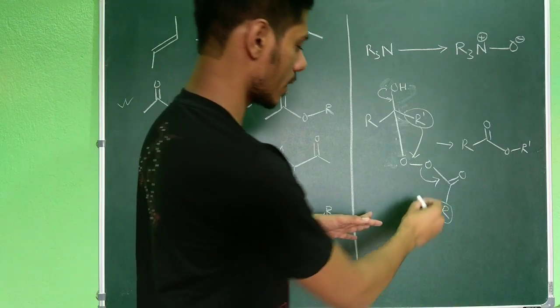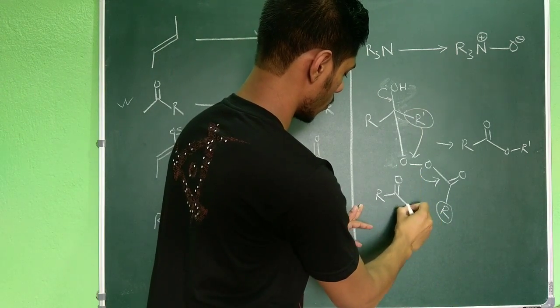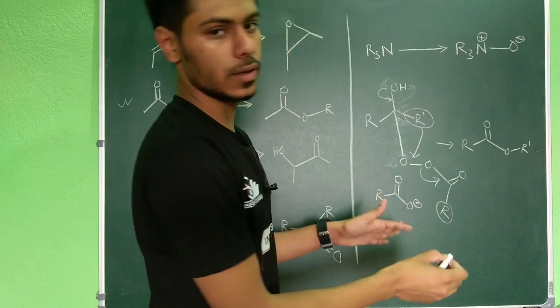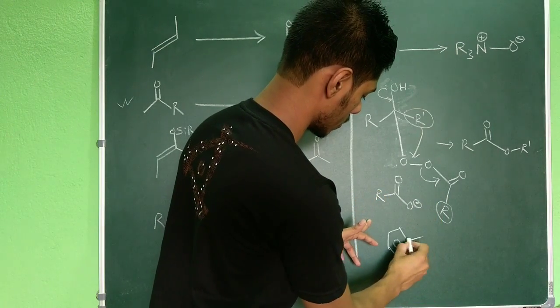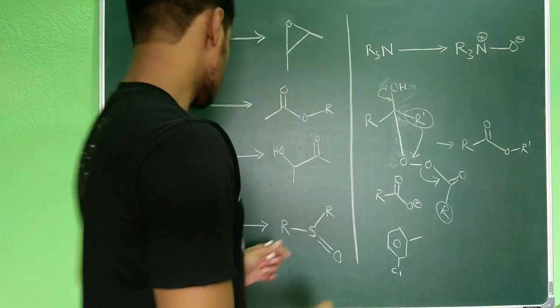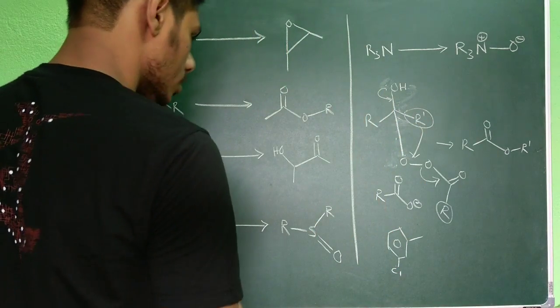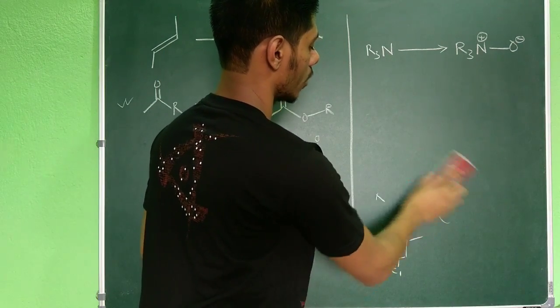This is the mechanism, and this RO minus is the leaving group here. This R group is basically this metachlorobenzene group. So this is the brief mechanism of the Baeyer-Villiger oxidation, and here you just have to worry about the migratory aptitude of the R groups.